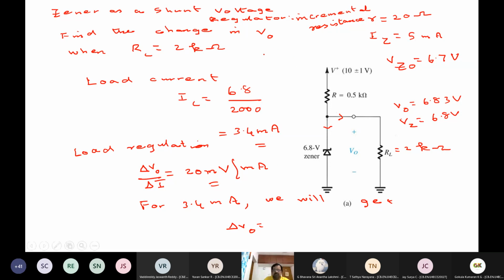It is not V naught, delta V naught is asked. So delta V naught is 20 into 3.4, which is equivalent to 68 millivolts. This is the change that is going to happen. Earlier it was 6.83 without the load drawing current. Now with the load, we will have a reduction from that 6.83, that much reduction will happen. So that is exactly the answer to the question.